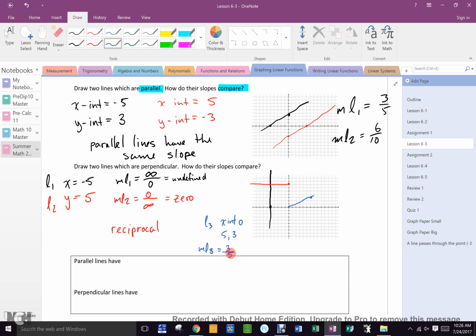Yes? Okay. Line 4, which I'm going to draw green, has a y-intercept of 5 and an x-intercept of 3. Draw that one.